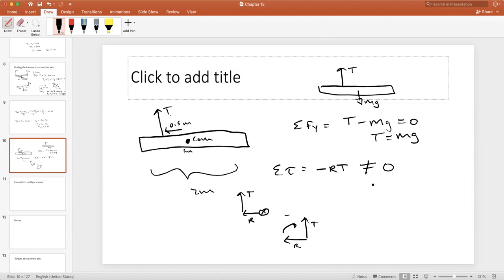This object cannot be in static equilibrium unless there's another force causing another torque, which is keeping the net torque to be 0. What actually ends up happening if this is the case is it would end up looking something like this, where basically the tension and the center of mass are opposite each other, and the tension and the radial vector are parallel, therefore there's no torque.